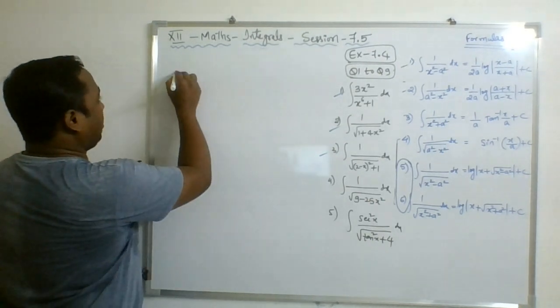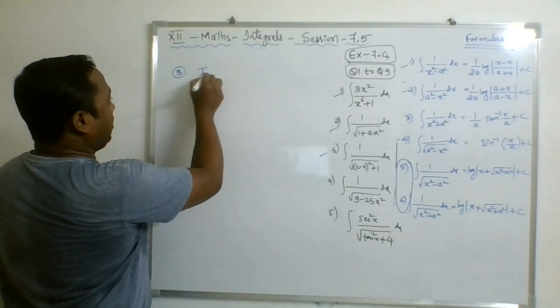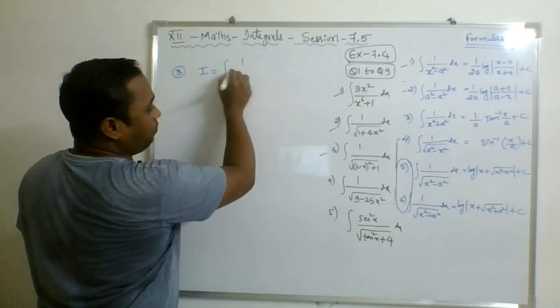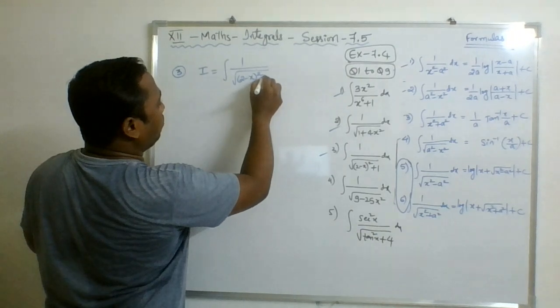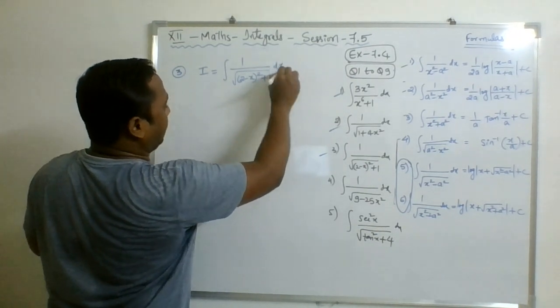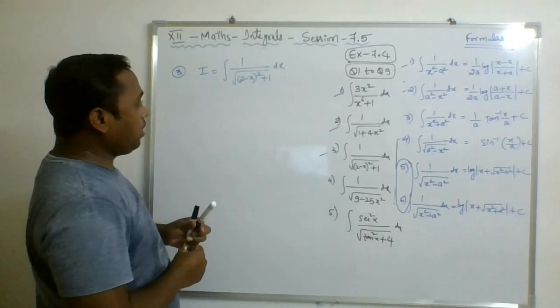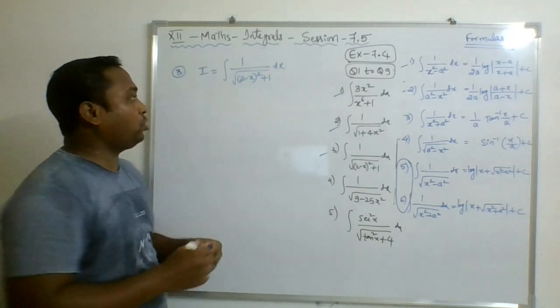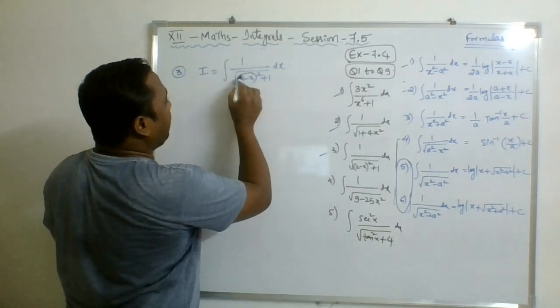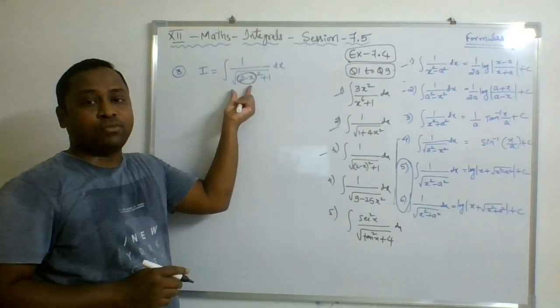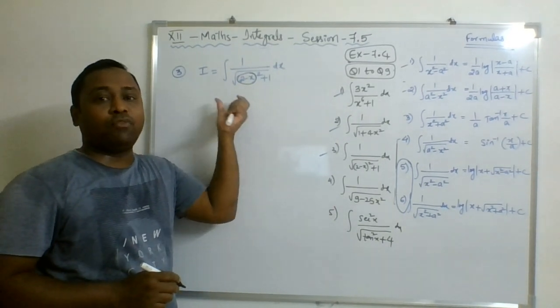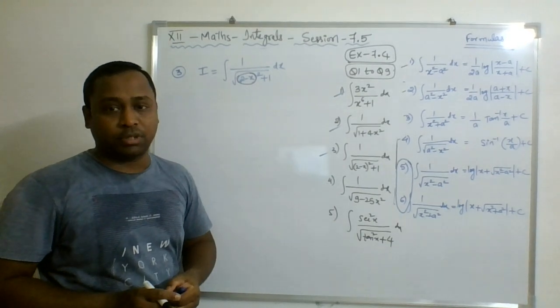In question number 3, I is equal to the integral of 1 upon under root of (2 minus x) the whole square plus 1 dx. Here, if you closely observe the question, by assuming 2 minus x as t, its derivative is minus 1, hence it will be helpful to take the substitution technique.